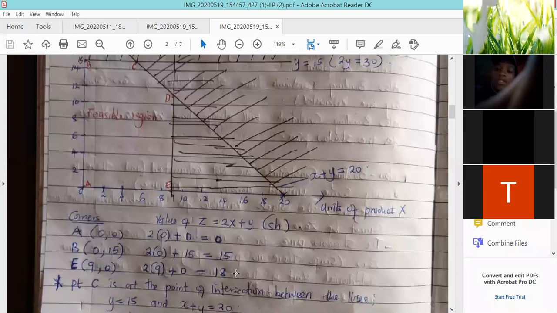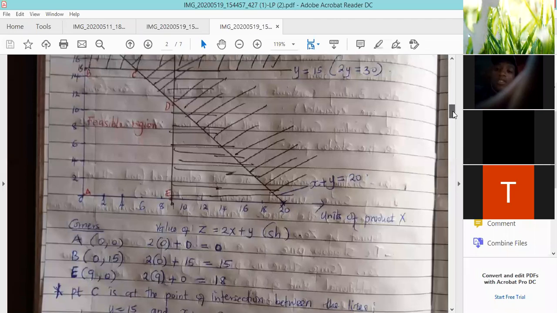So you still compare with another point if it's there in the problem. So I've started with E because this one I don't have to debate. The coordinates are clear from the diagram. X is equivalent to 9, whereas the value of y is equivalent to 0. And by substituting, you find that our Z value is equivalent to 18.